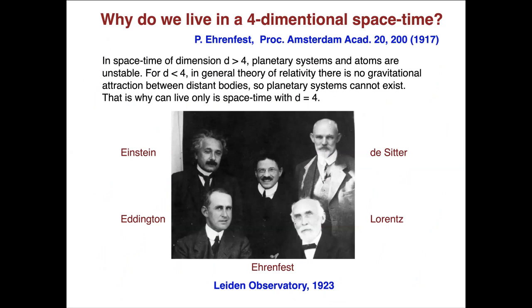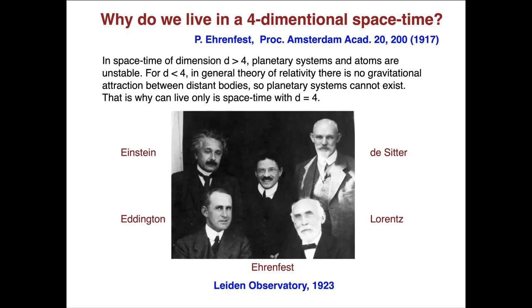So let me tell you something which I found when we were in Leiden in the Netherlands for 3 months. There in the institute, at every corner, there are photographs of Ehrenfest, who is right now in the middle of this picture.